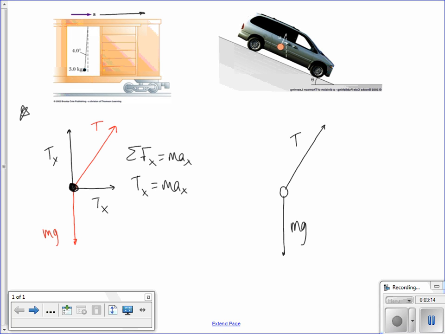Okay. So there's one net force statement we could write, right? Now, it happens to be that the angle is here in this one, so this is actually going to be T sine theta equals max, right?